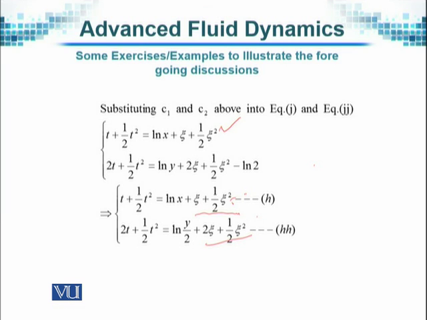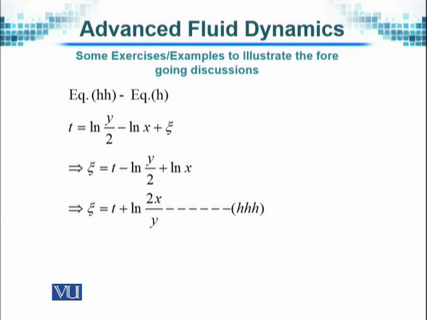But now we have an equation that involves time t, x, zeta, and of course in the other equation instead of x there is y. So from these two, we can again try to find an equation which may eliminate one of these variables.